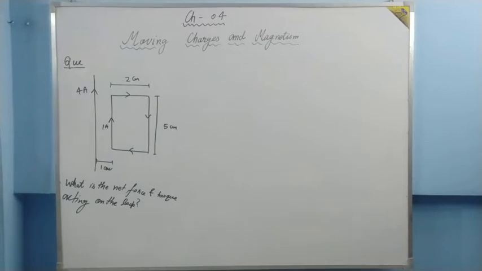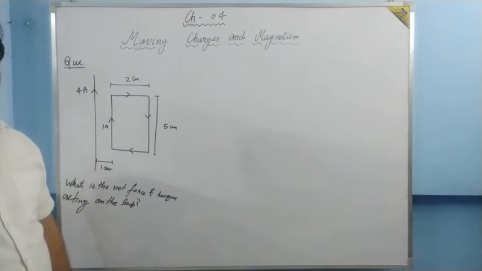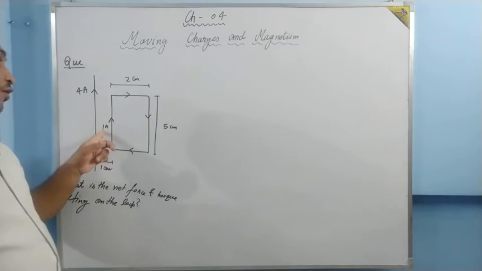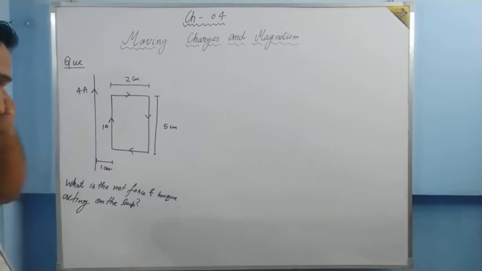A straight current carrying wire carries a current of 4 ampere. Just nearby it, a rectangular loop is kept. The sides of the loop are 2 centimeter and 5 centimeter. It carries a current of 1 ampere and the current is clockwise in this loop. The question is, what is the net force and the torque acting on the loop?